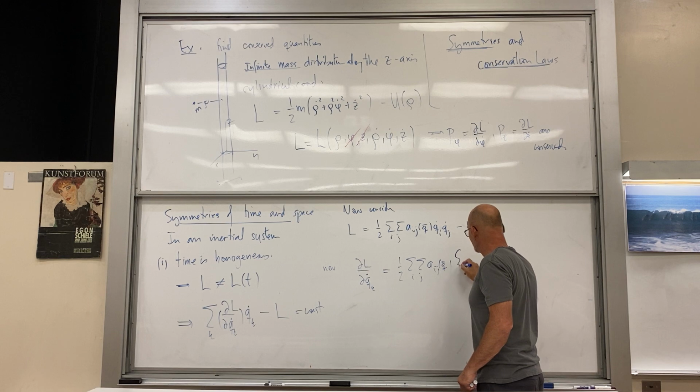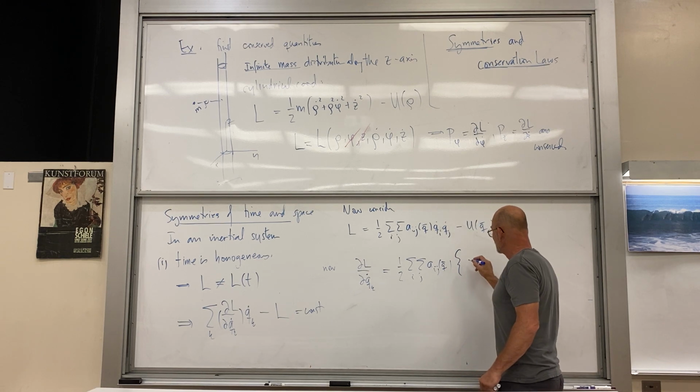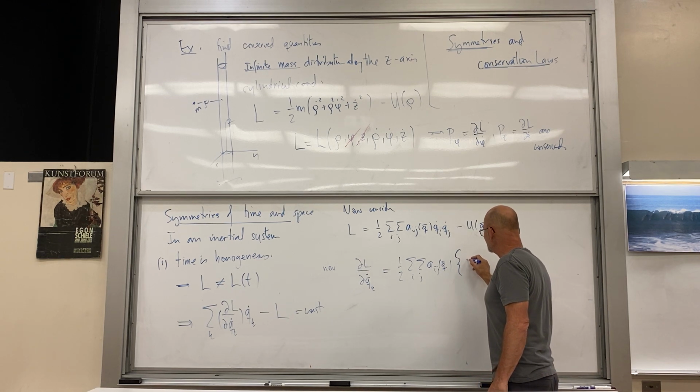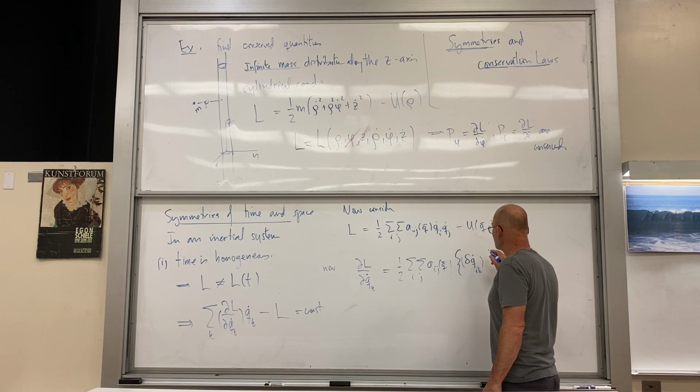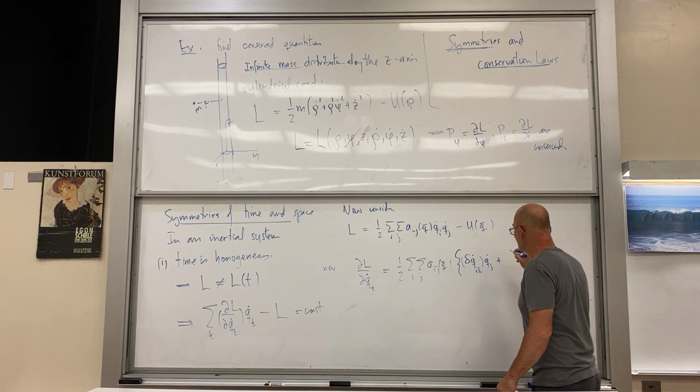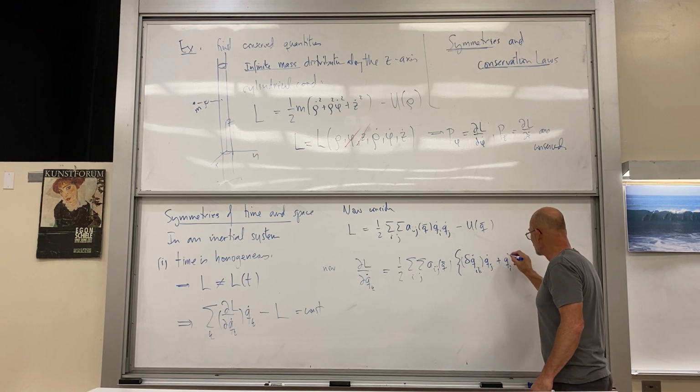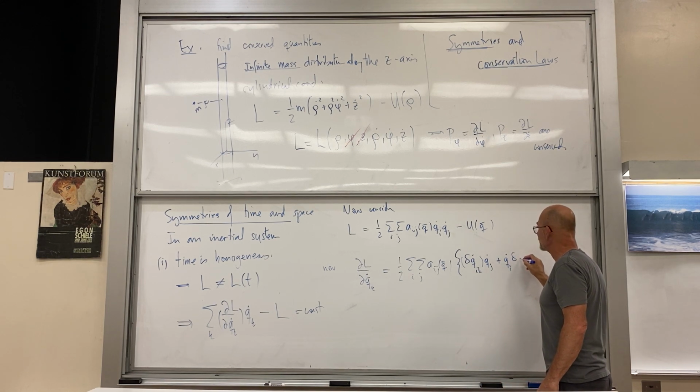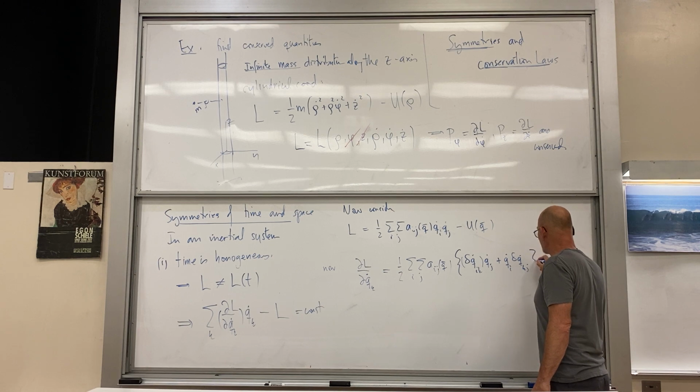And what we have is delta_ik q_j dot plus q_i dot delta_kj. So what have I done here?